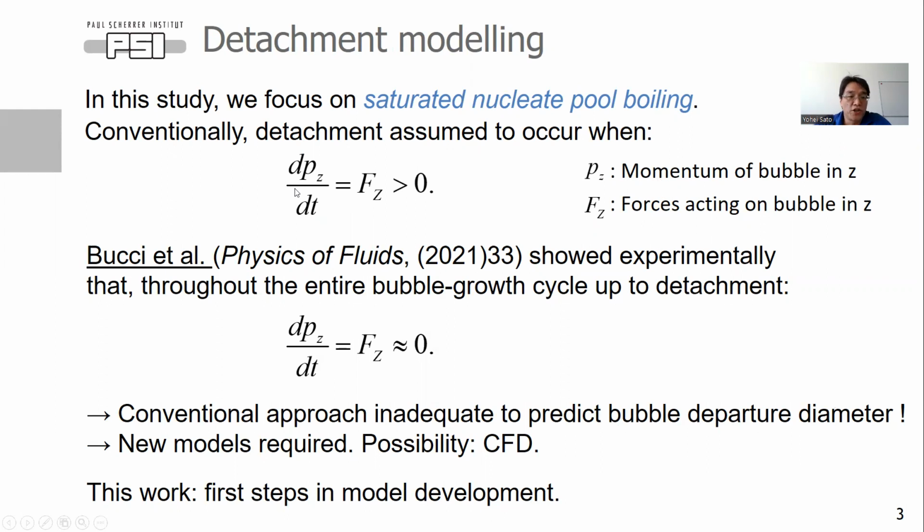But last year, Butch published one paper which experimentally shows that this Fz equals almost 0 throughout the entire bubble growth cycle. This means that the conventional approach, Fz larger than 0, is inadequate to predict bubble departure diameter.